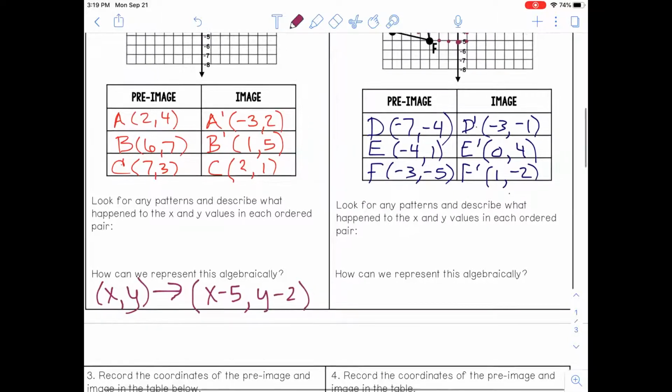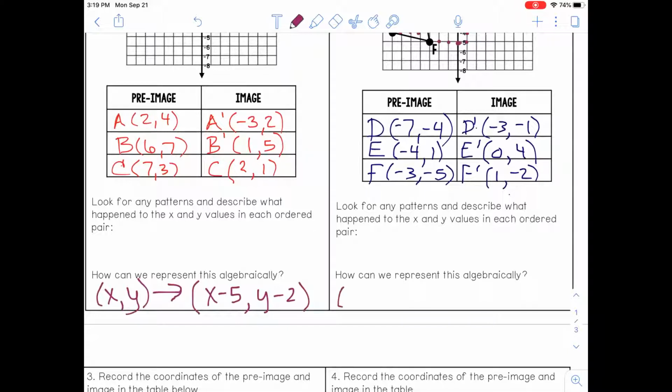On this one, we have x comma y becomes, you have to have the arrow, becomes, and then it is x plus 4 comma y plus 3. I had to remember how much we shifted.